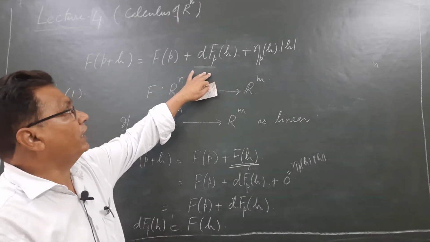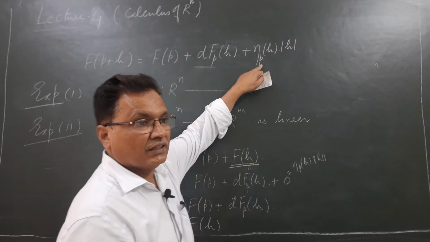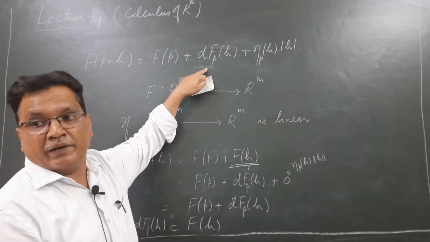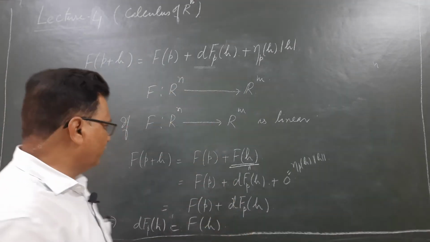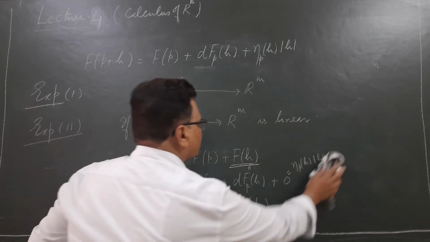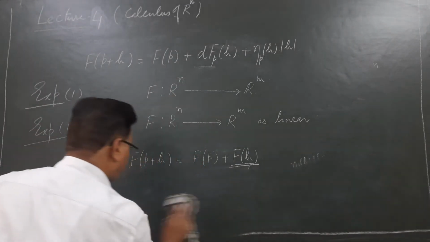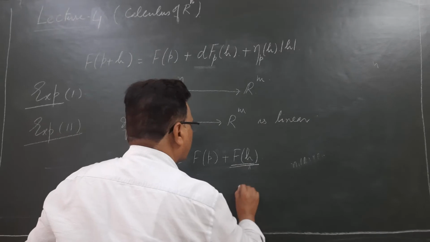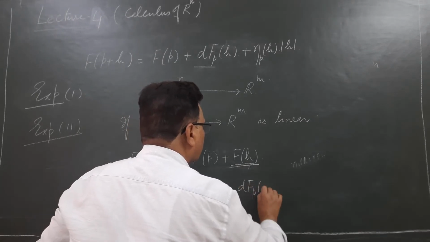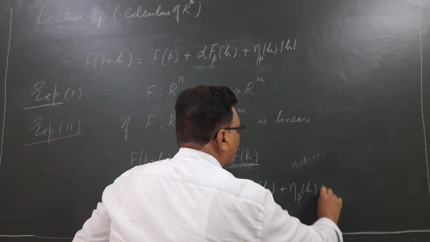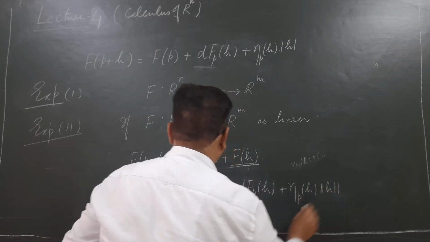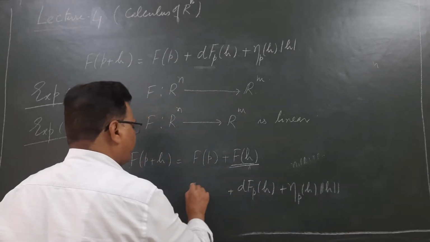So what I will do is search out a linear map. If they satisfy this, the function will be differentiable. So I search out a linear map, df p, and I will search out a continuous function, and plus f of p is already there.